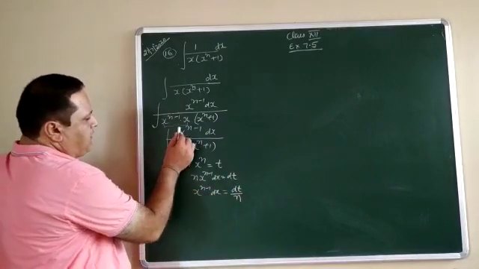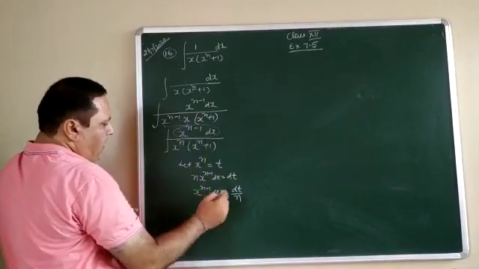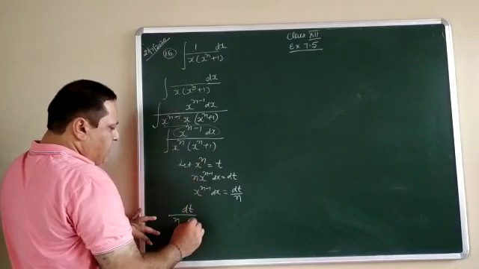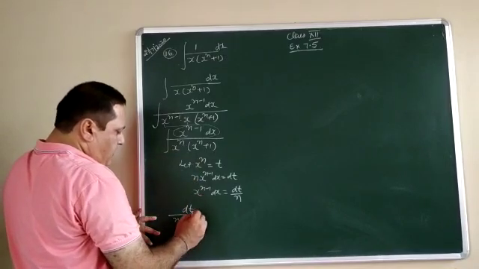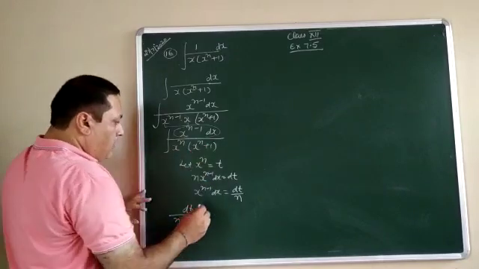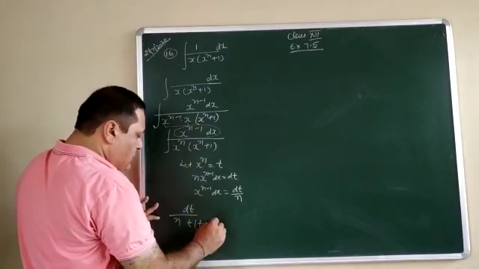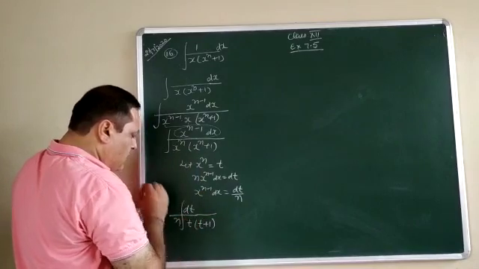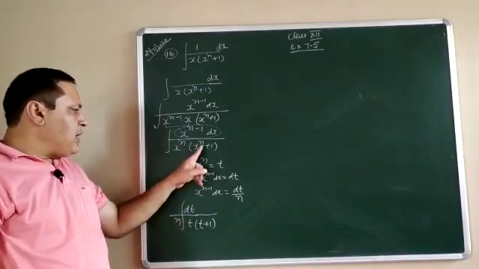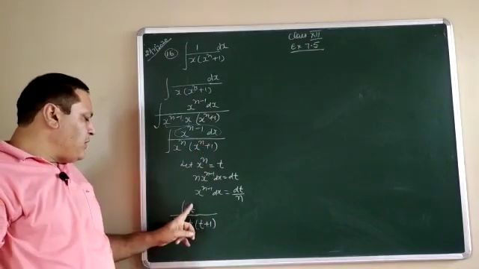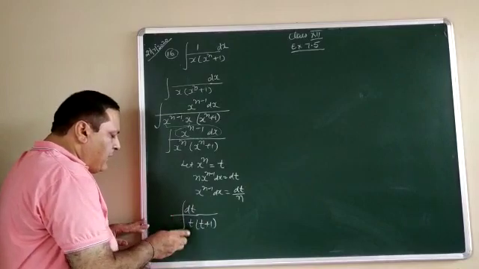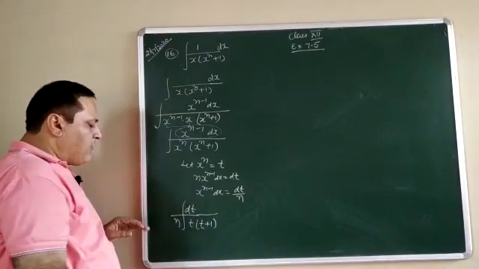So replace this function by dt upon n. This is the statement now: x to power n replaced by t, x to power n plus 1 replaced by t plus 1, into dt, along with 1 by n. This 1 by n is a constant, so it does not affect our result.